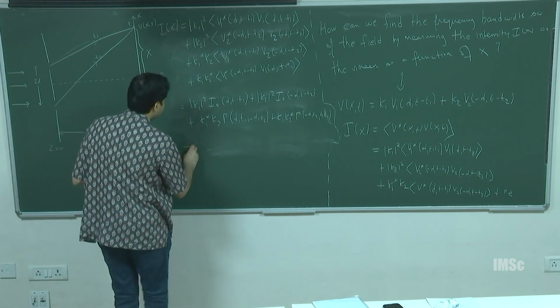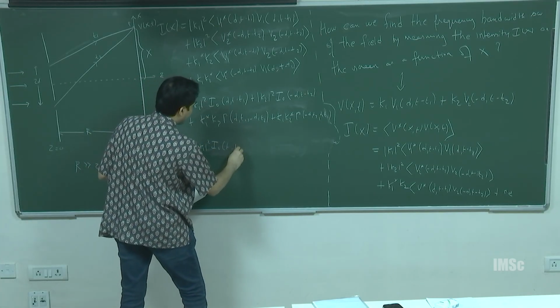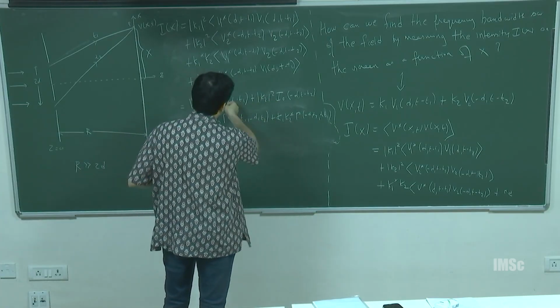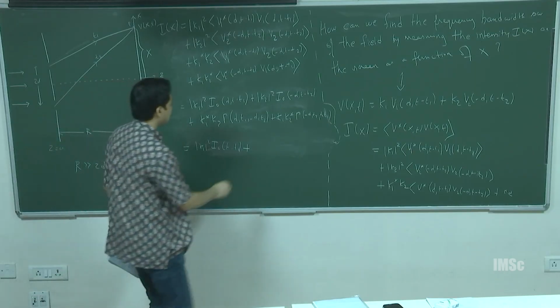Which means we can simplify this further and drop the spatial coordinate because the intensity is constant.